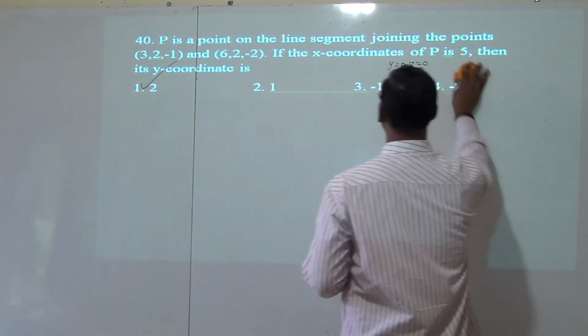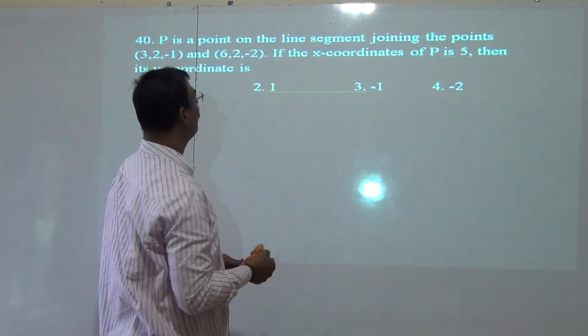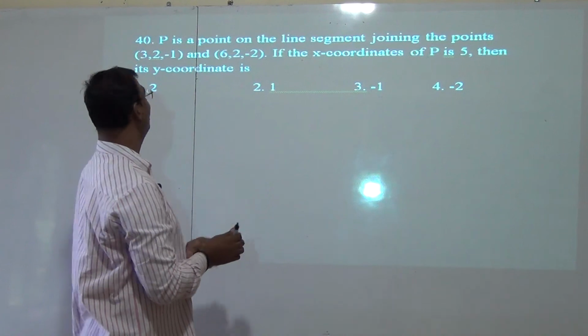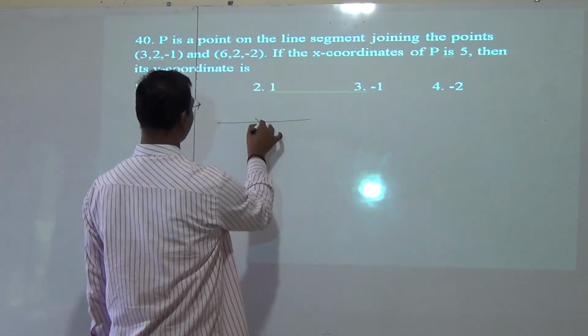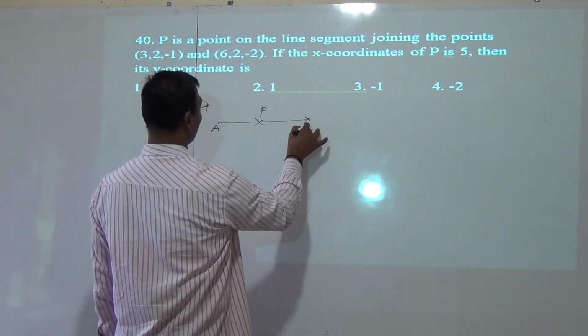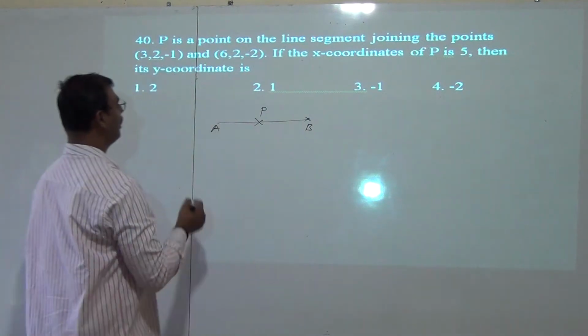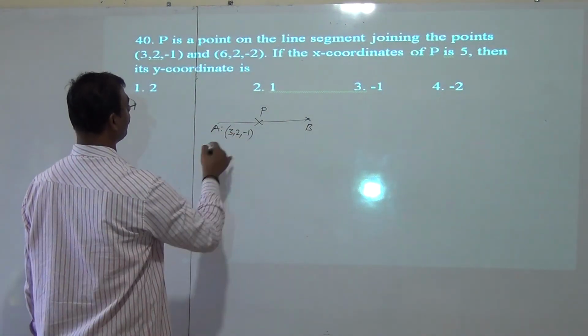See problem number 40. P is a point on the line segment joining two points. So I am taking P as a point on the segment AB. What is the point A? A is (3, 2, -1).